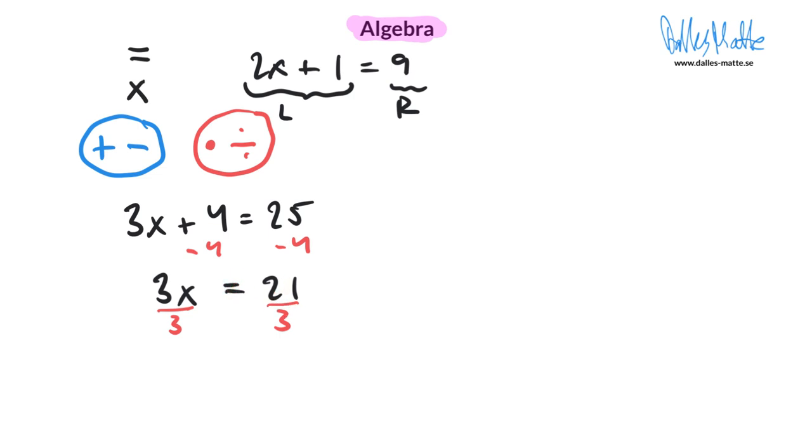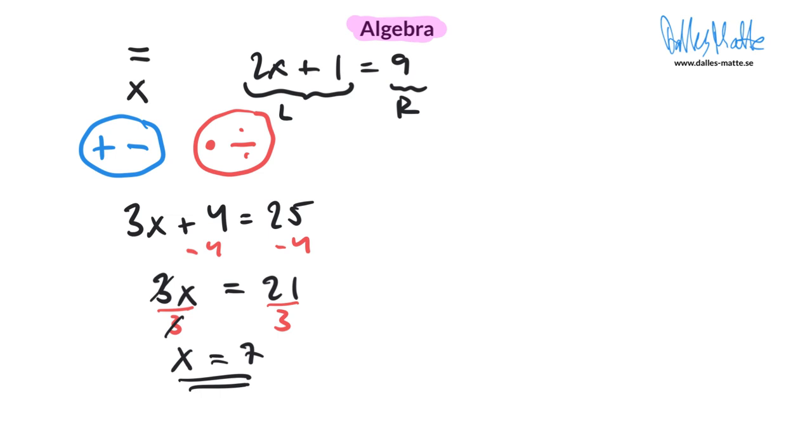Then I can take the 3 away, and then I only have x equal to 7. Now I have solved the equation. So this is the right answer.